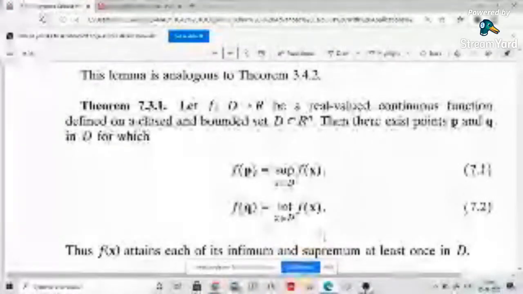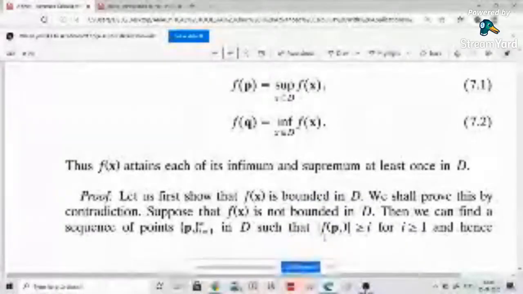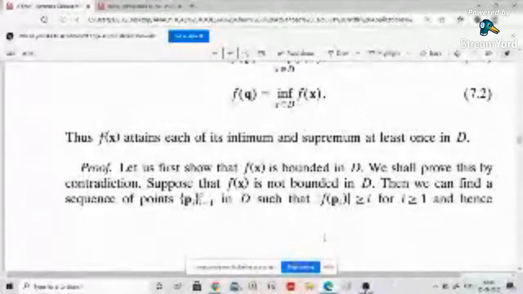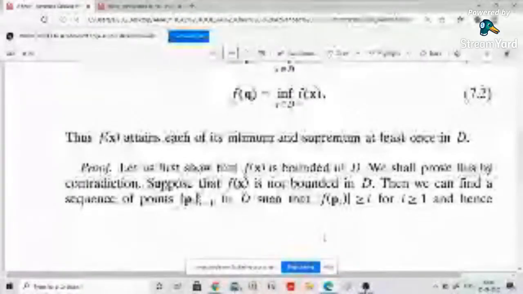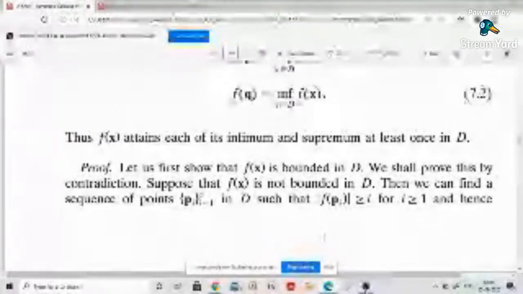Yes, this is the multivariable version of that theorem which I have shown in the book of Bartle. So let us move to the proof of the theorem. I think you have sufficient knowledge of univariate real analysis from your theory classes.